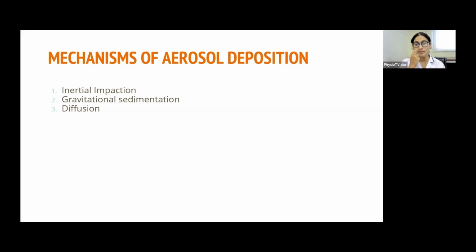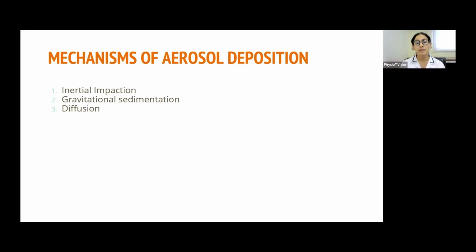And the large particles, which are larger than 10 micrometers, are filtered out in the nose when taken through the nasal passage, while they are filtered out through oropharynx if taken by mouth through the meter dose inhaler.